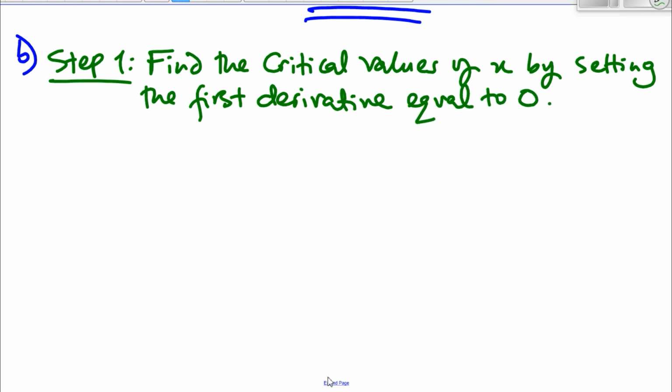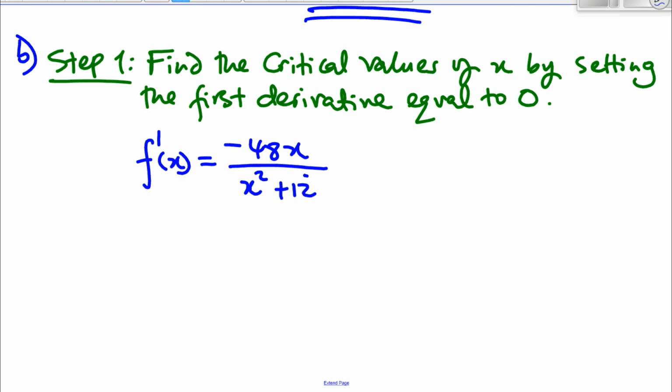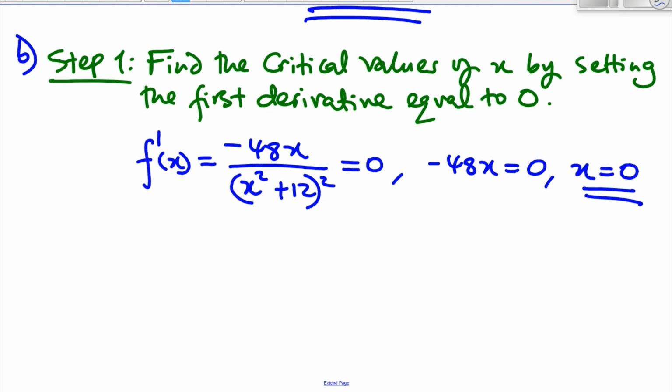Which means our first derivative that we were given in the question was negative 48x over x squared plus 12 squared. Equate that to 0. So what you'll end up with is negative 48x is equals to 0, which means x is equals to 0. Okay?